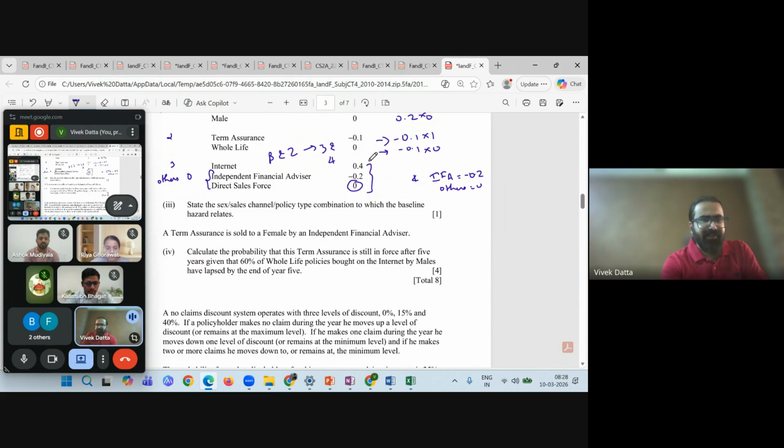All 3 are in play. Calculate the probability that this term assurance is still in force after 5 years, given that 60% of whole life policies bought on the internet by males have lapsed by the end of year 5.